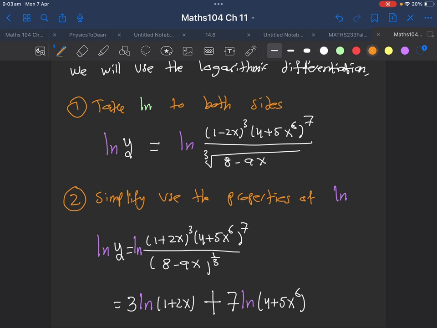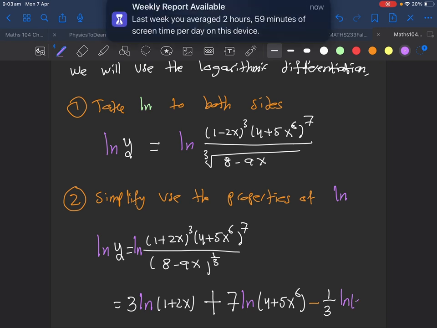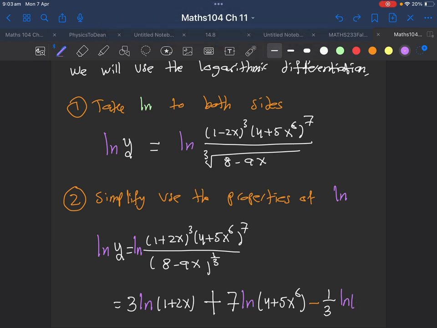And then we have a minus for the last one. And the power will go down, which is 1 over 3. And then again, we have a ln of 8 minus 9x.